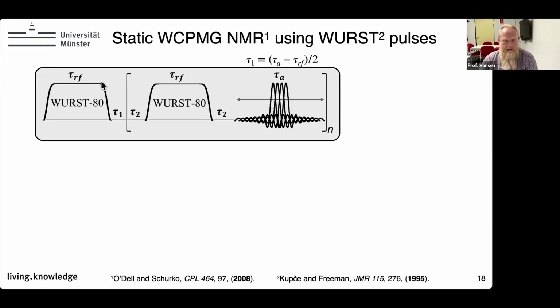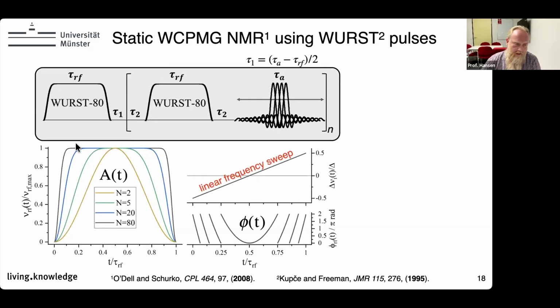You have a sort of echo sequence where you have an excitation WURST pulse with n equals 80. Then you have a refocusing pulse, which is 90 degrees out of phase, either plus or minus, and it has a certain length. And you have some echo delays. The characteristic of this, of course, is that you have an amplitude profile, as I just showed you.